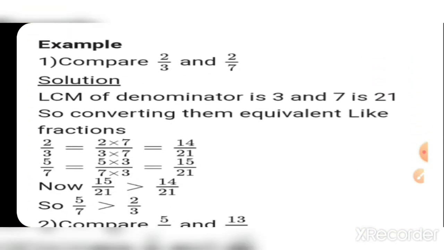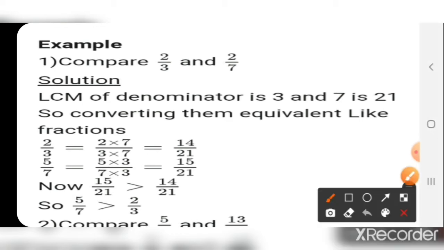Let's have some examples. Look here, 2/3 and 5/7. If you find the LCM of 3 and 7, what will be the LCM? 21, because 3 and 7 both are prime numbers. So we have to multiply. 3 7s are 21.